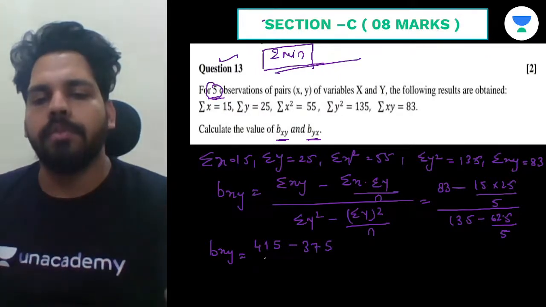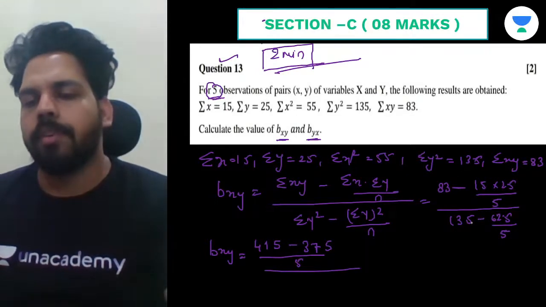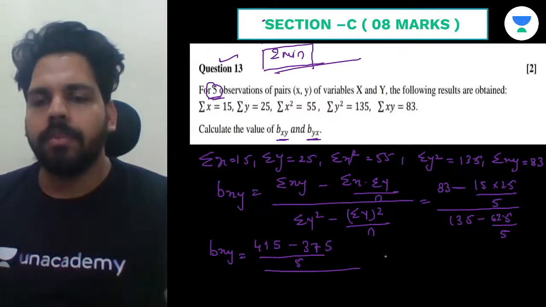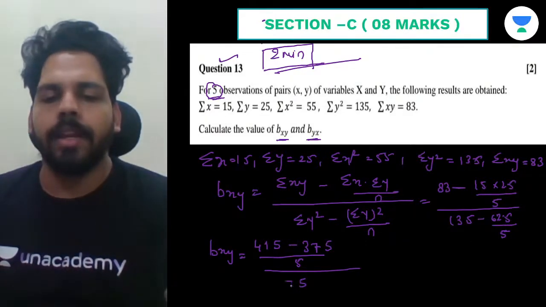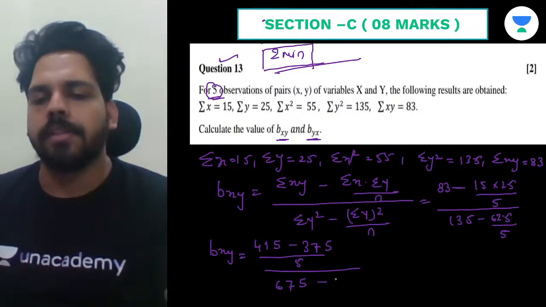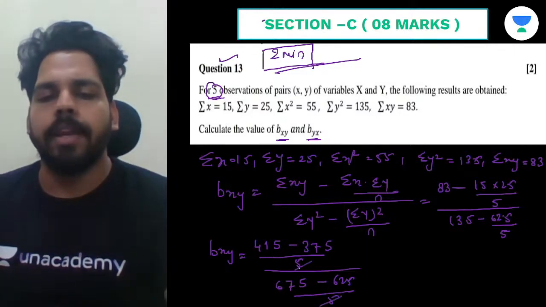So we'll be getting 415 divided by 5, and whole divided by again 5 into 135. 5 fives are 25, 5 threes are 15, plus 2, 17, 5 ones are 5, so 1 6, minus 625, and this whole divided by 5. So 5 will be cancelled out.